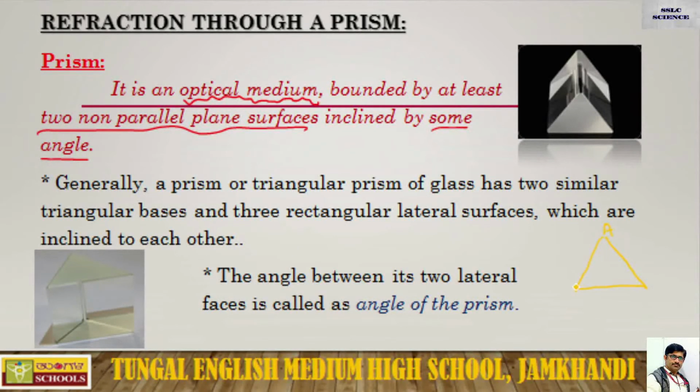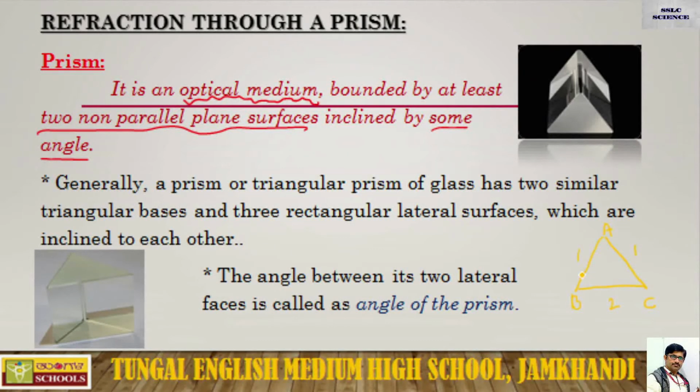This is A, this is B, this is C. Assuming ABC as a prism, it is an optical medium bounded by at least two non-parallel sides. This is non-parallel side number 1, this is 2, or if you are considering AC as 1, this side as 2, and you can do it for other parts as well.